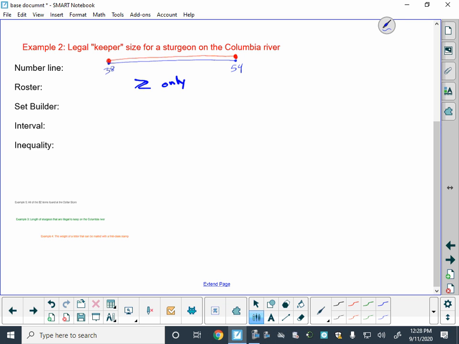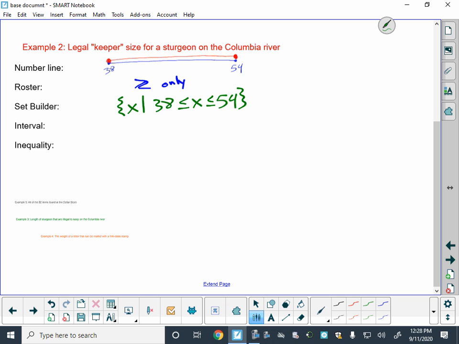The set builder notation for this one, I can say this is the set of all x such that x is trapped between 38 and 54, including 38 and 54. And I don't have to specify that this is a member of the real numbers.